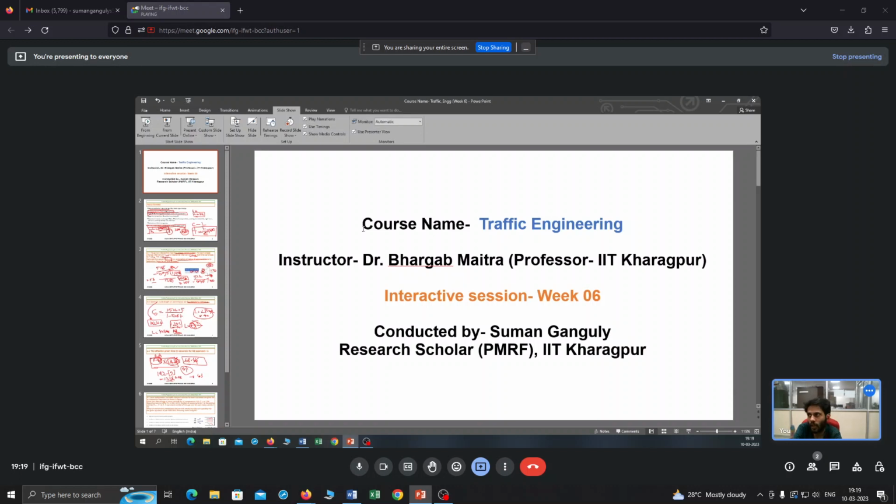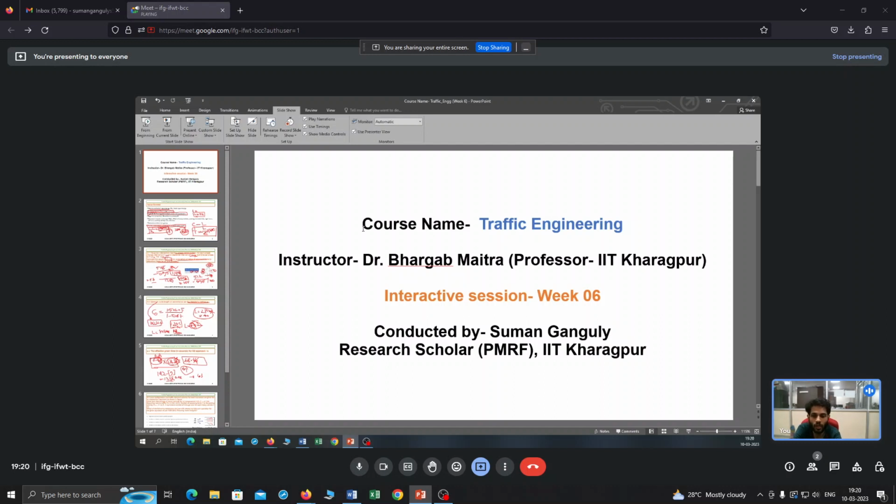Do we have 2 modules of signal control left? Maybe we have 2 modules of signal control left. Oh, no, I was missing the car following theory.